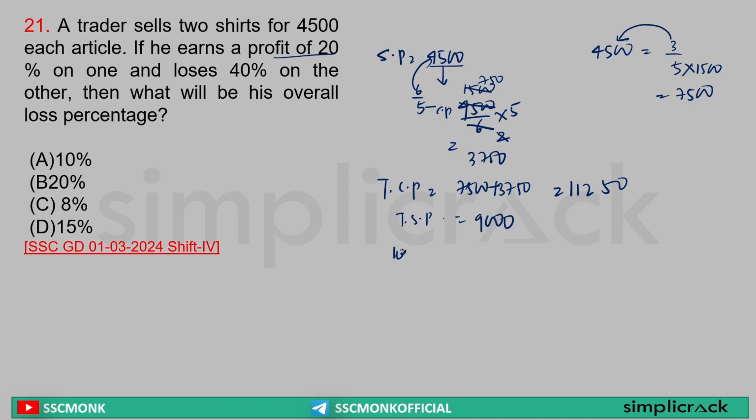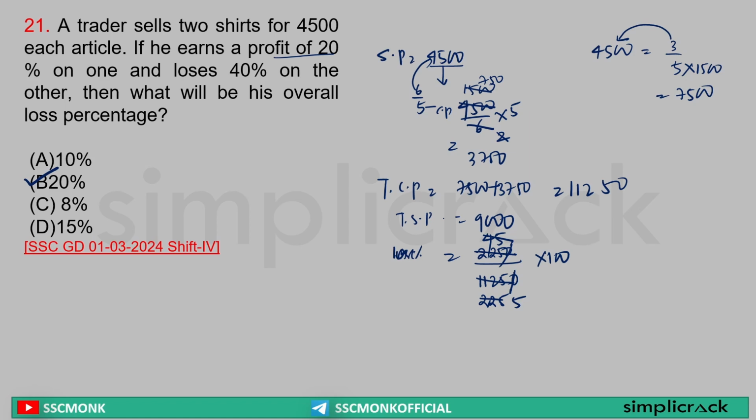So what is the loss percentage here? 11,250 minus 9,000 is equal to 2,250, divided by the cost price 11,250, into 100%. The zeros cross out. 5 4s are 20, 5 5s are 25, 5 2s are 10, 5 5s are 25. Sir, 45 5s are 225, 5 2s are 10, that is equal to 20%. So the loss percentage is 20%.